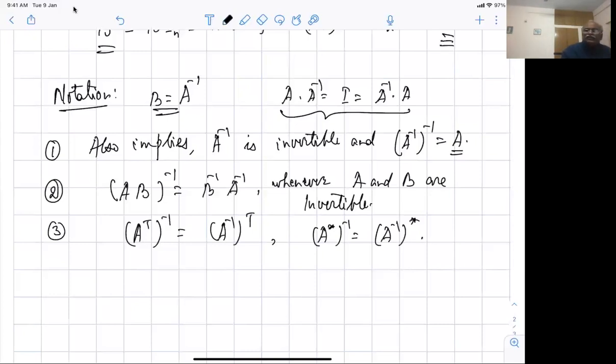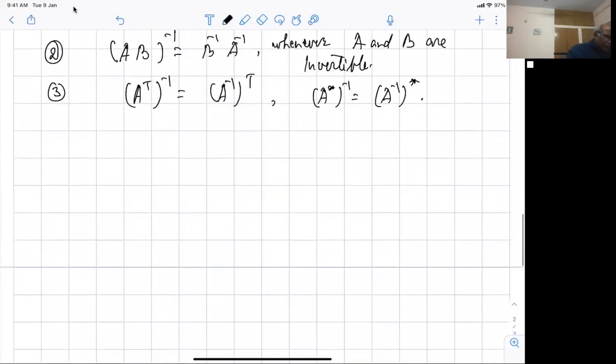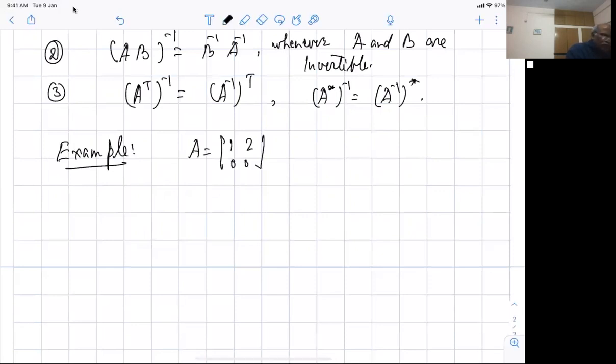Let's look at the things where invertibility fails. By examples, we'll try to understand them. So example. Let me write A as 1 2, 0 0, and D as 2 3, 4 6.